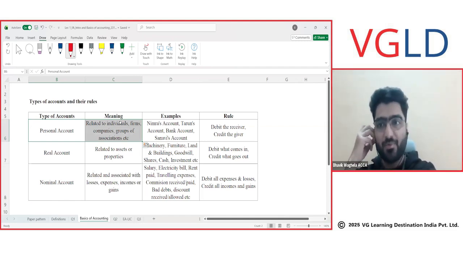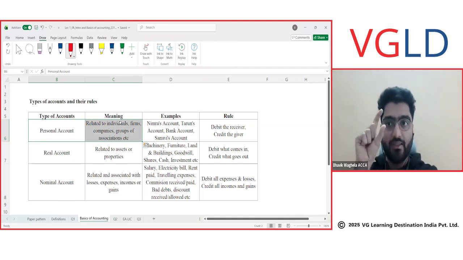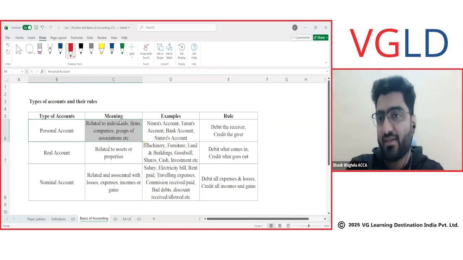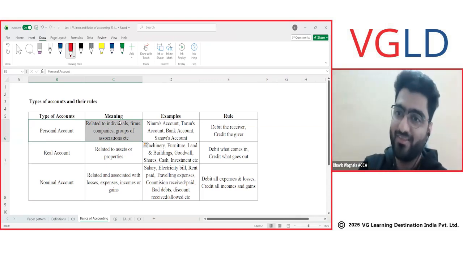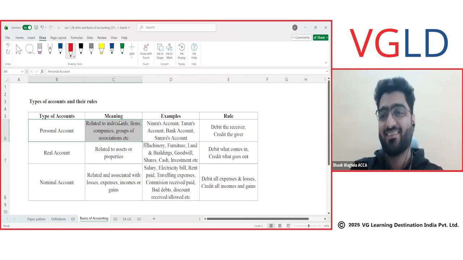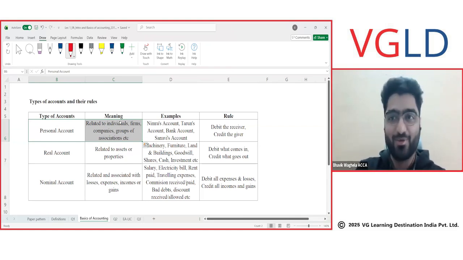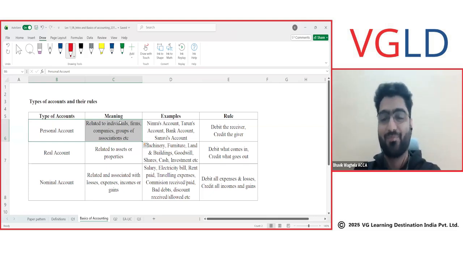In effect, debtor is a person, not a thing. If it pertains to a thing, then real account. If I say I am Bhavik, then obviously I am a boy. Then there is no question, sir, are you a boy or a girl? The same happens with debtors also. Debtor is a person. Correct?